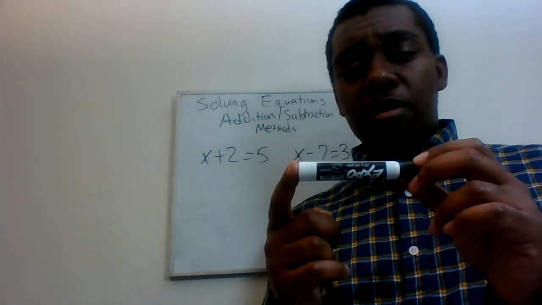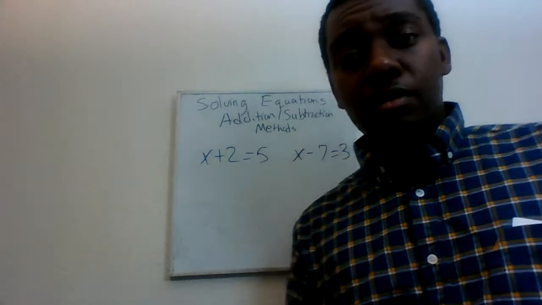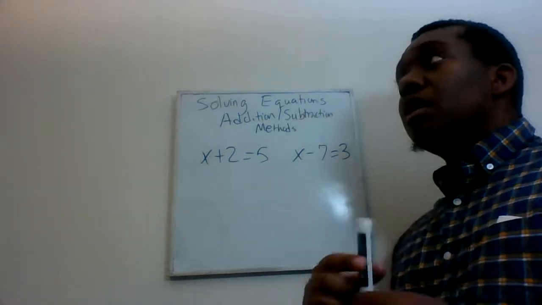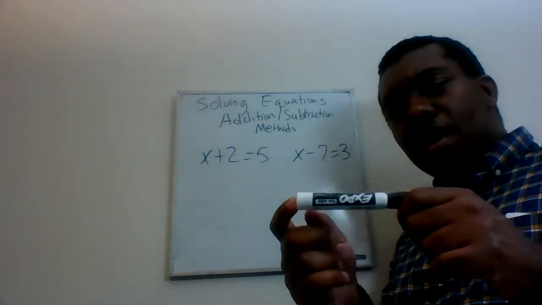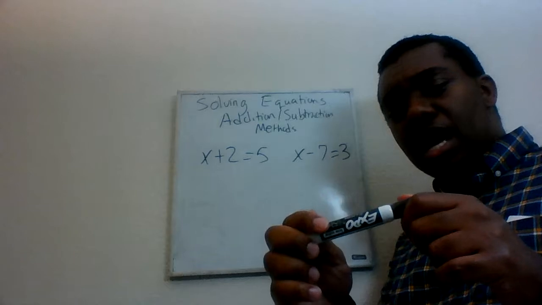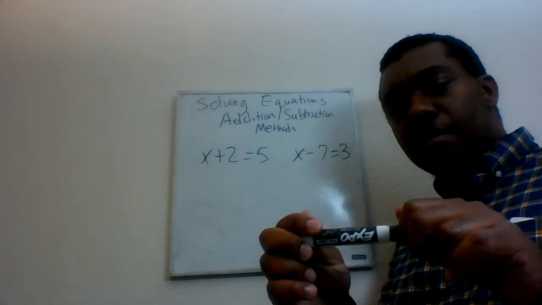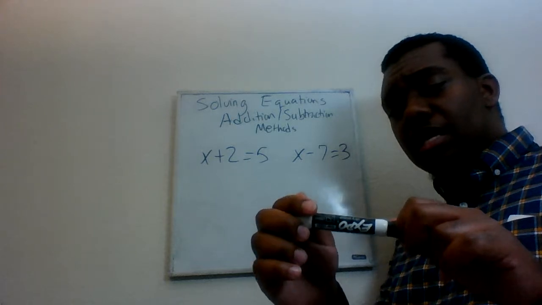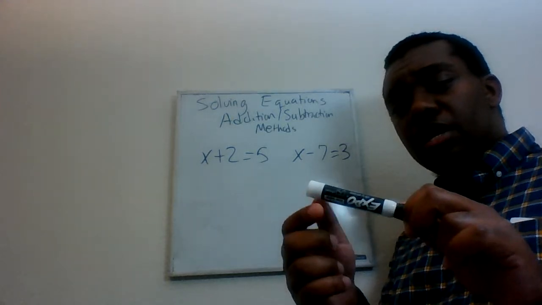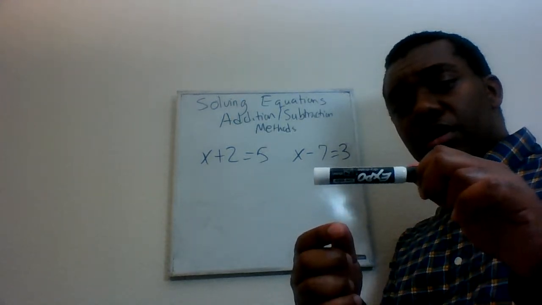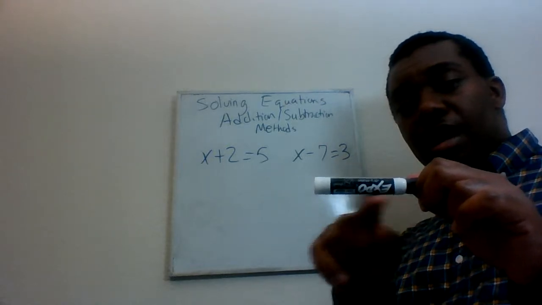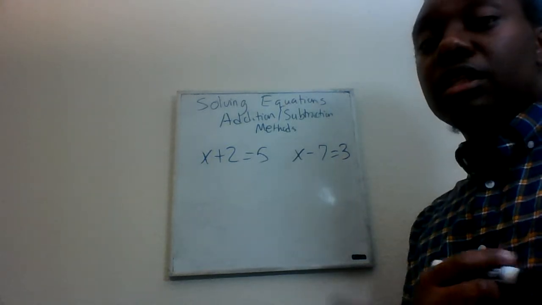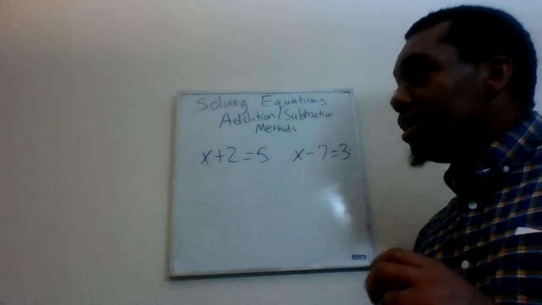We want them to be perfectly balanced and still. So if you were on a scale and you added more stuff to one side, you would add the same amount to the other so they stayed balanced. If you subtracted things off on one side, you would take the same amount off the other so that they would remain balanced. It's the same thing that we're going to do over here.